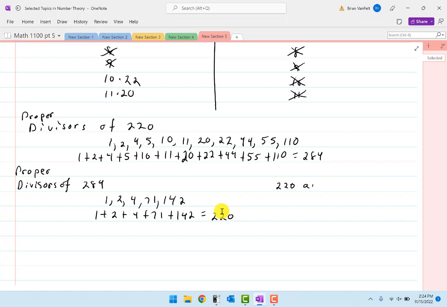220 and 284 are called amicable, or friendly, numbers.